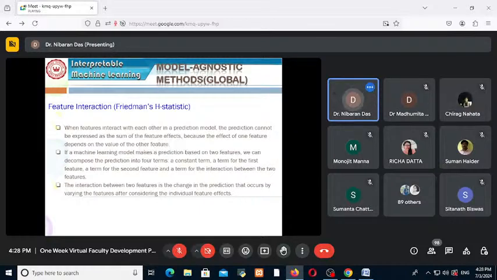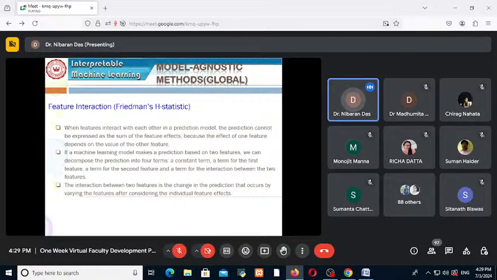Even if the features are mutually inversely correlated, then performance, instead of being higher, will be lower. So when features interact with each other in the prediction model, the prediction cannot be expressed as a sum of feature effects, because the effect of one feature depends on the value of other features.